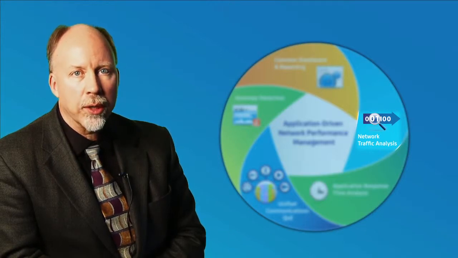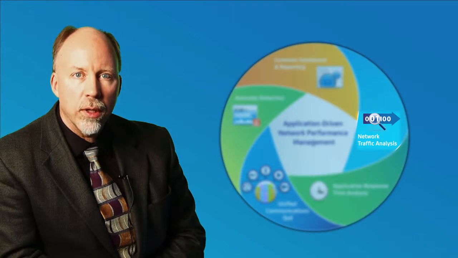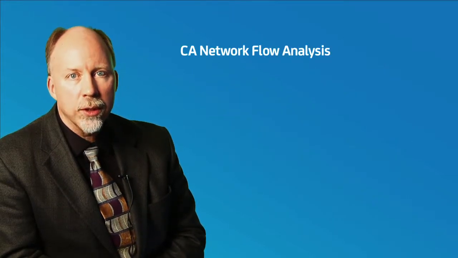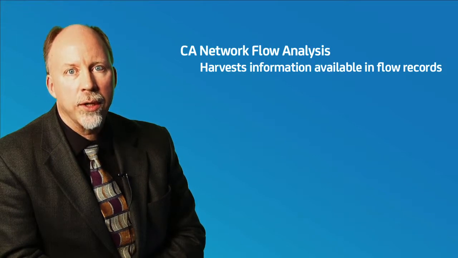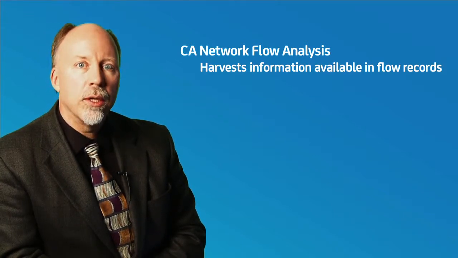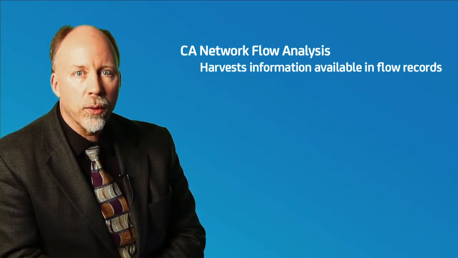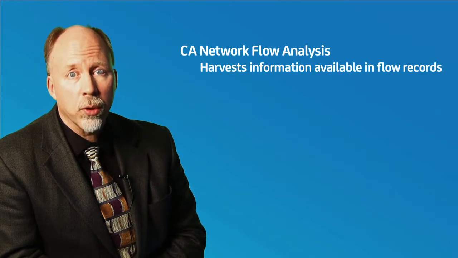So CA Technologies offers a number of products that are directly applicable to this ANPM area that we've been talking about. First of all, CA Network Flow Analysis is a product that's designed specifically to harvest and leverage the details and information that are available within flow records. And by this we mean NetFlow, JFlow, CFlow, SFlow, IPFIX. All of those different versions are supported by Network Flow Analysis.